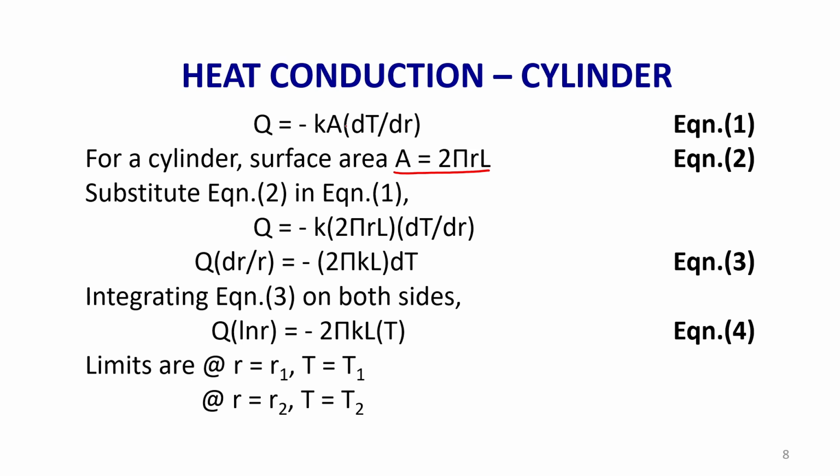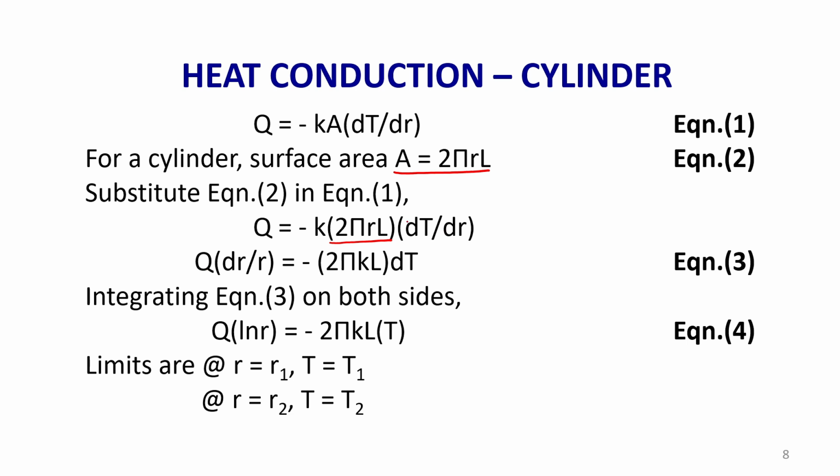Now substitute this A value here. It is a very simple derivation. So, instead of A, 2 pi RL. Minus K into 2 pi RL into dt by dr.